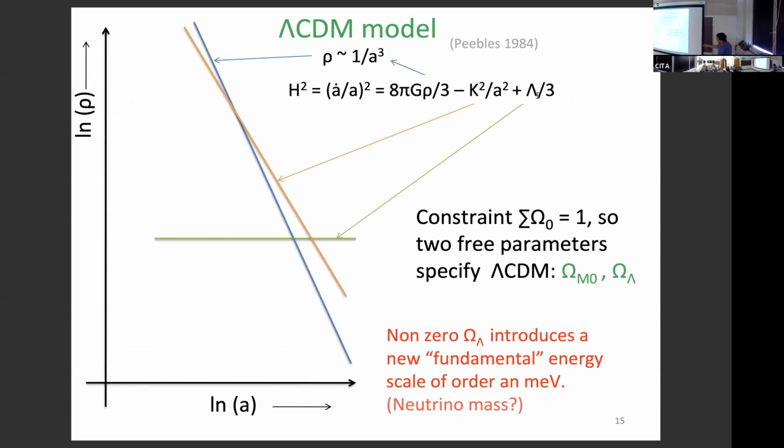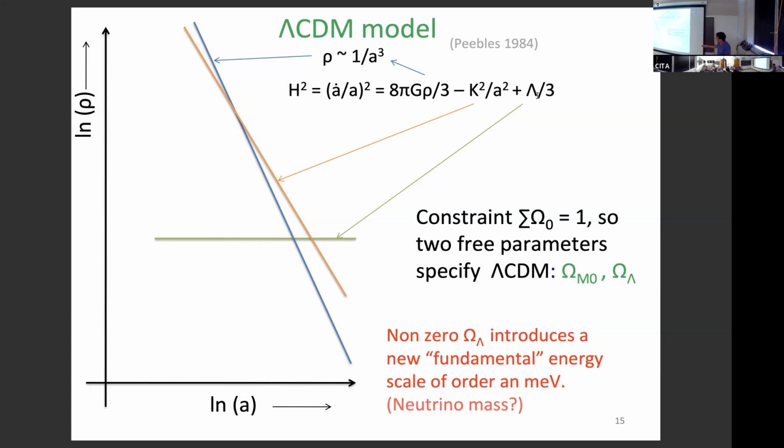So the Friedman equation for a lambda CDM model, you have dark matter here, and you have baryonic matter, and they're both effectively pressureless. So the energy density goes like 1 over a cubed, curvature is 1 over a squared, and the cosmological constant is a constant.